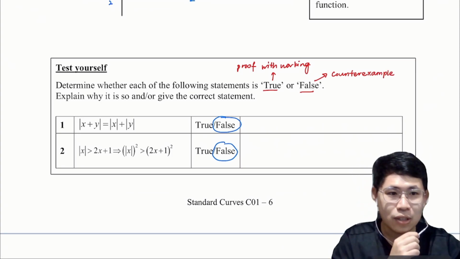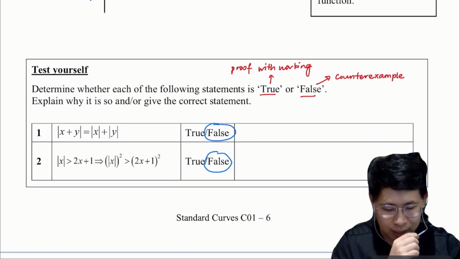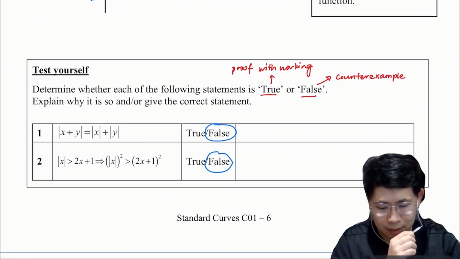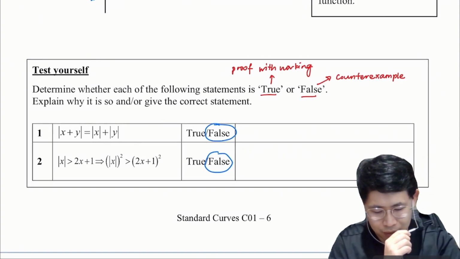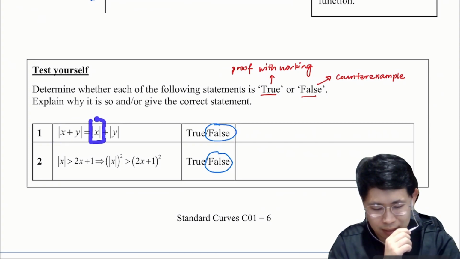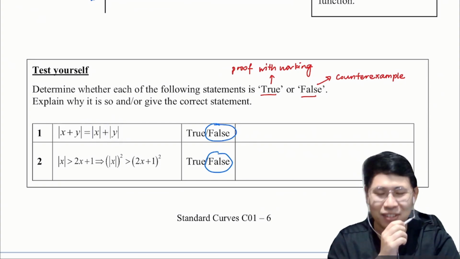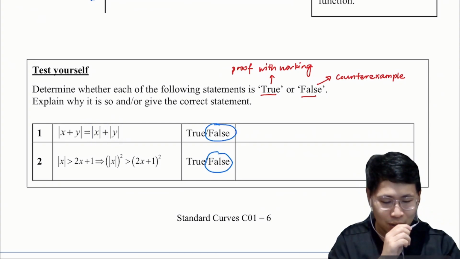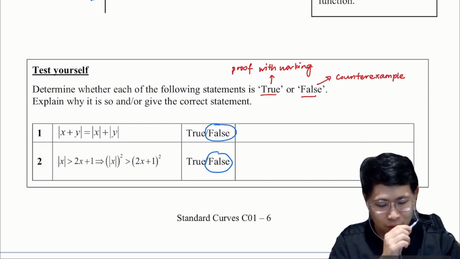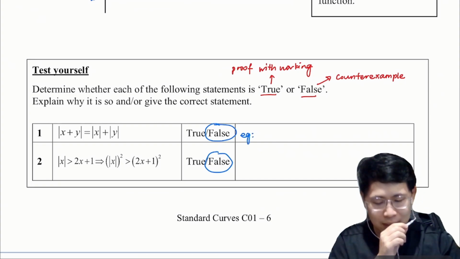For Test Yourself 1, the first question: modulus of x plus y is equal to modulus x plus modulus y. Is this true or false? I've already outlined that the answer is false. To prove that something is false, I'm going to give a counter example.